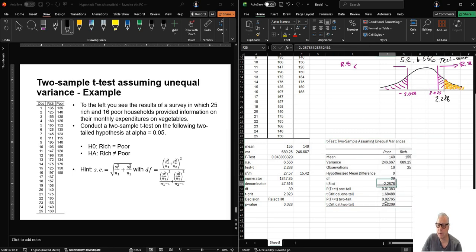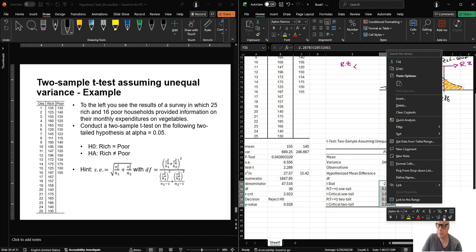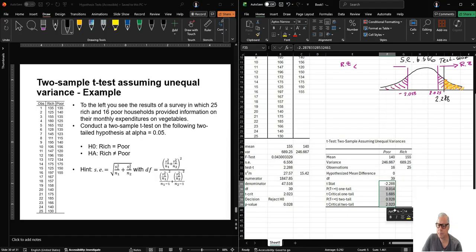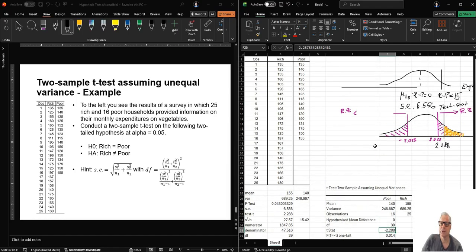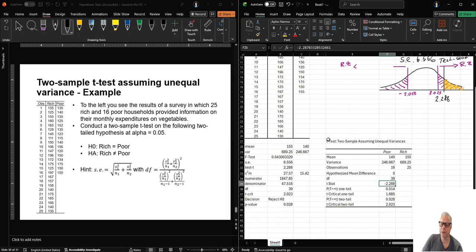Okay, so now what can we see? Our test statistic is actually negative 2.288, because I subtracted the rich from the poor.